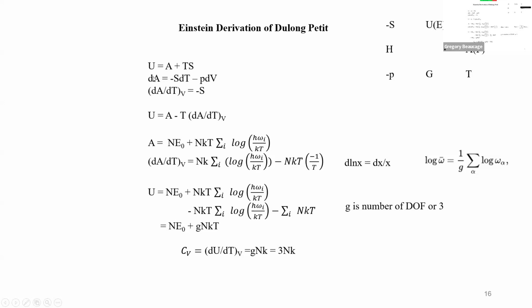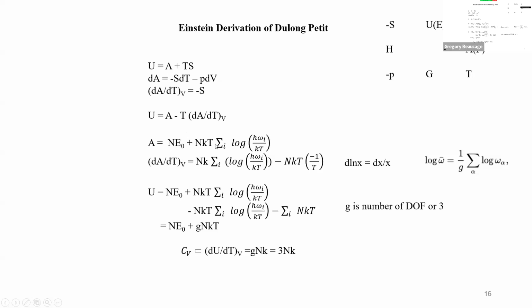So then dA/dT, this goes to 1, and then you just have minus S, and PdV. So dA/dT is minus S, and you can plug in dA/dT for S, and you get this expression for U. Because you have an expression for A, you can just take a derivative of it.